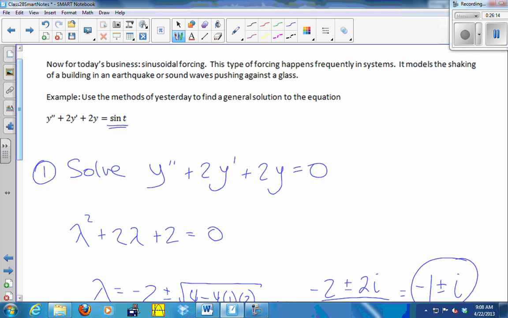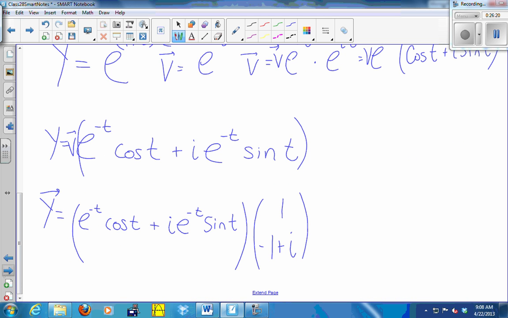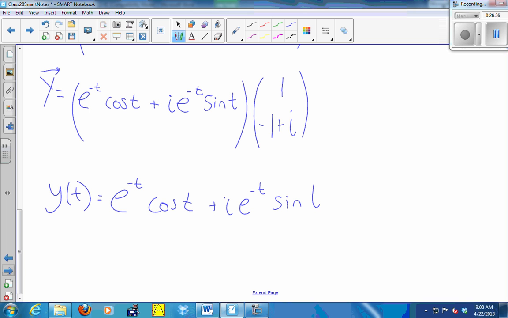That's the shortcut that I started writing down, but this way you'll see where it comes from. So y of t is going to be e to the negative t cosine t plus i e to the negative t sine t.